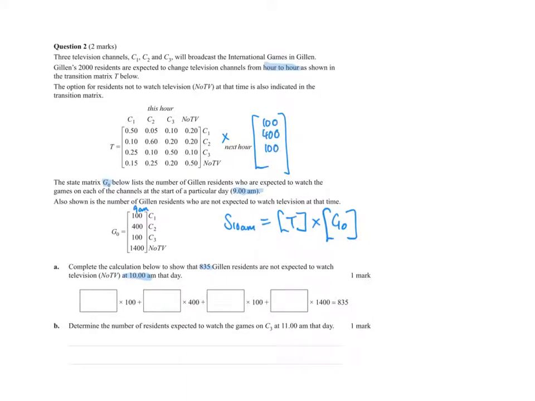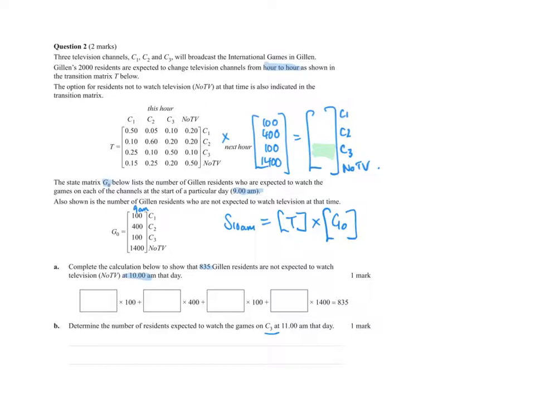So if I wrote that out, they're saying show that at C3. So this would be C1, C2, C3, and no TV. They want me to show this spot here, and that it's 835.